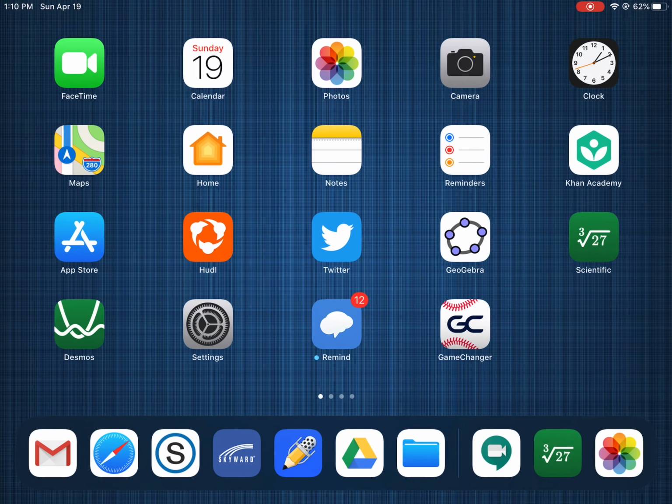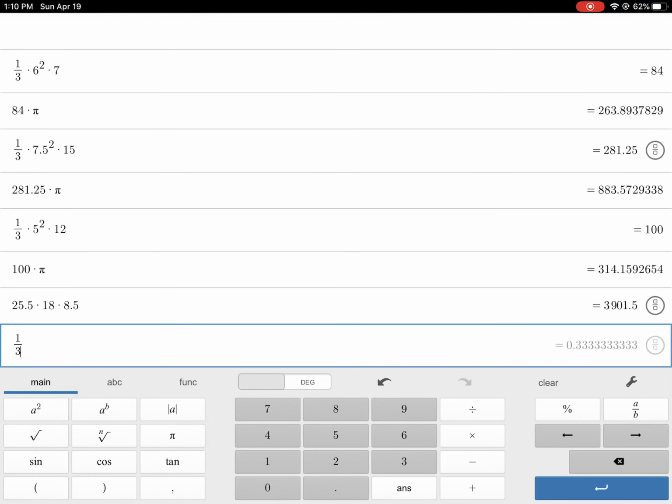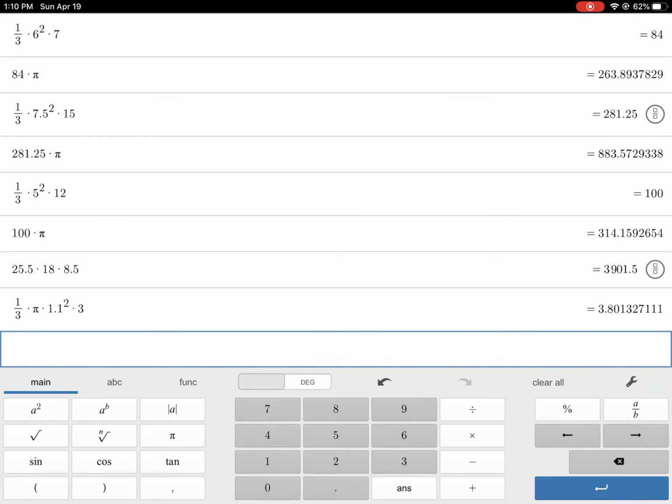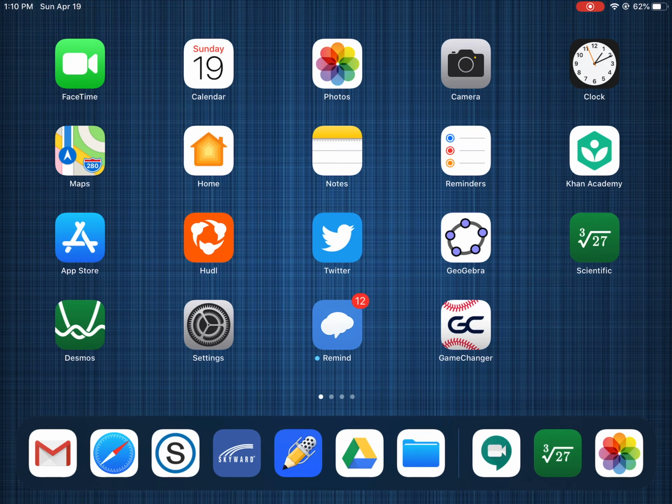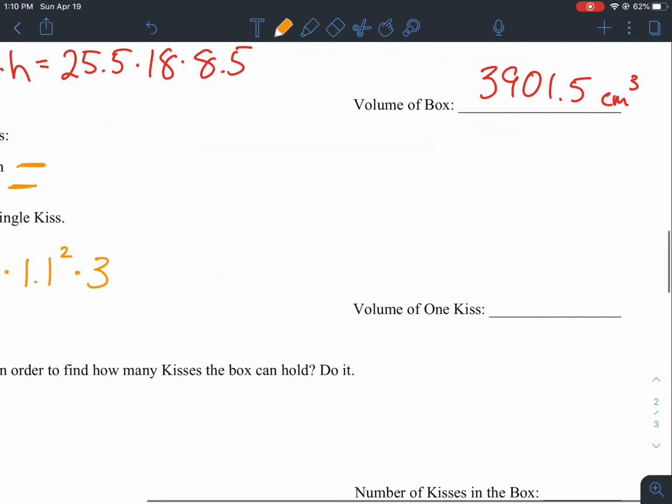So we will do 1/3 times pi times 1.1 squared times 3. And we get about 3.80, so we'll just call it 3.8 centimeters cubed. Okay? So that's how big one Hershey's Kiss is.